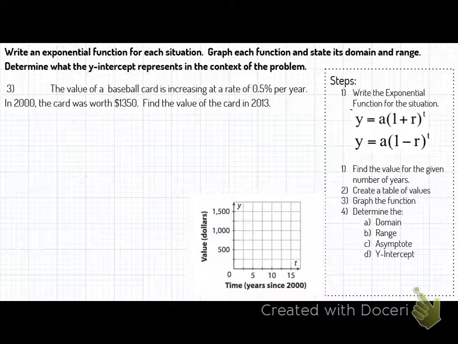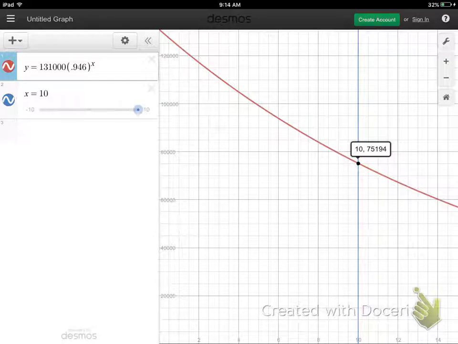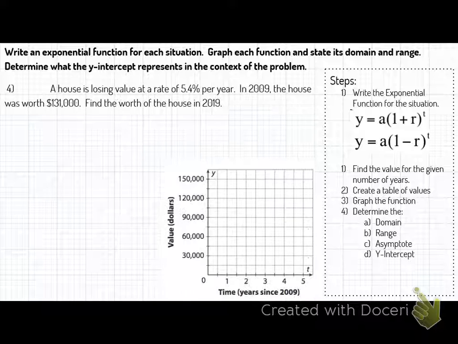Okay, so looking at this next one, I'm going to jump over to number 4. This one we're going to have you do. A house is losing value at a rate of 5.4% per year. In 2009, the house was worth $131,000.